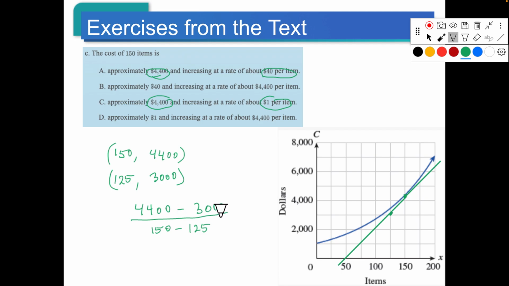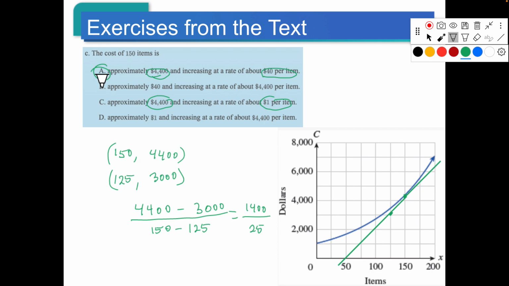This is 1,400, and this is 25. Well, it's more than 1, so it's got to be the 40. Now, 1,400 divided by 25 probably is not exactly 40, but again, we've got two choices. It's either $1 or it's 40. I'm going to go with A. Does that make sense? Okay.